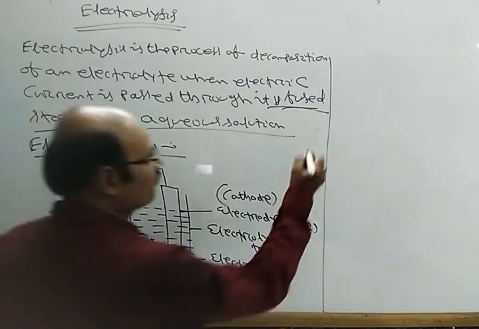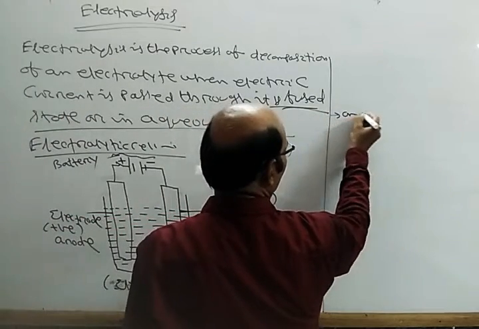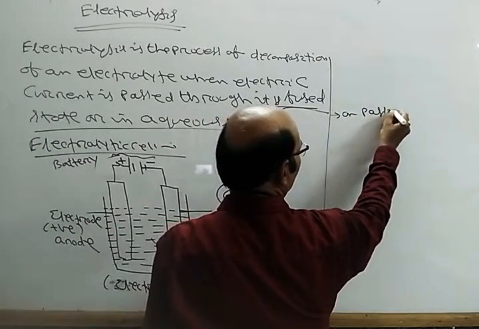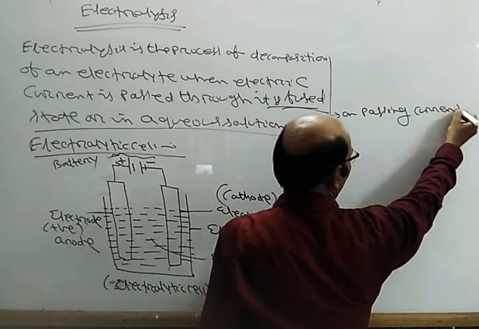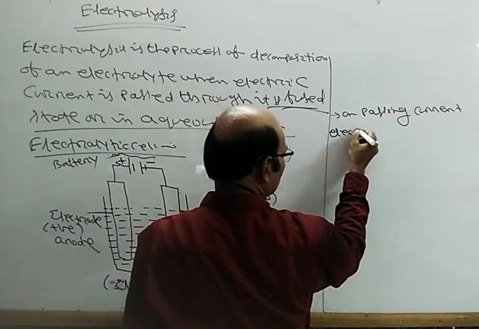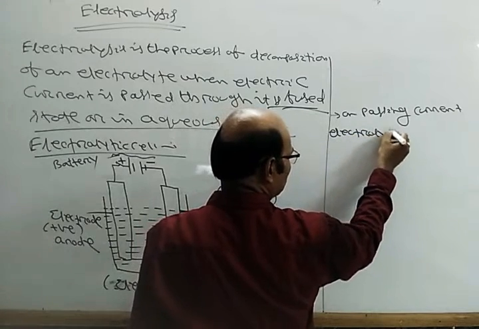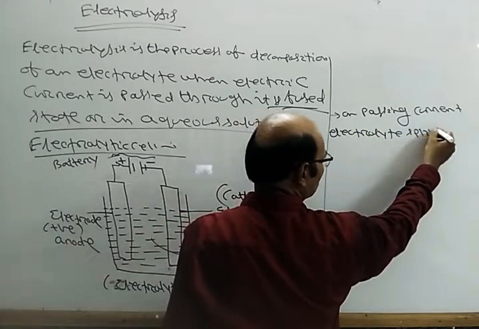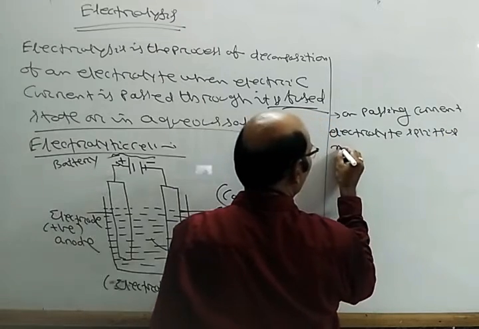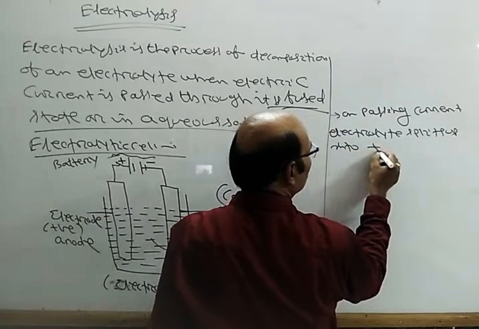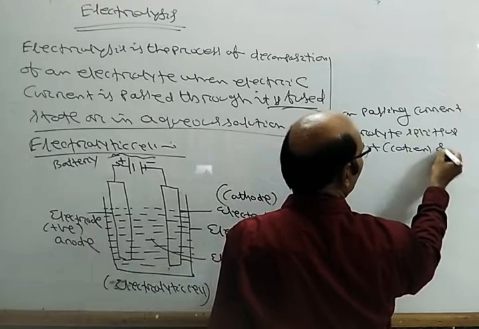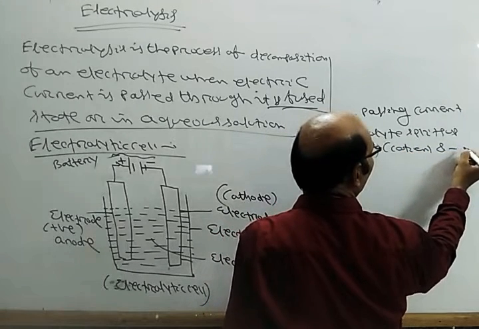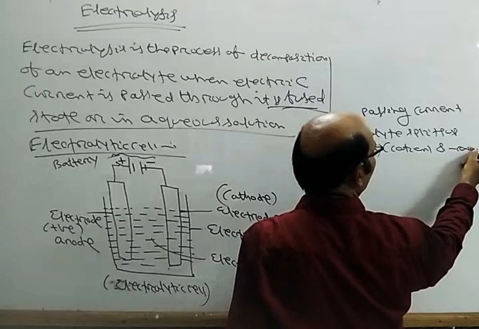So on passing current, the electrolyte splits up into positive cation and negative anion.